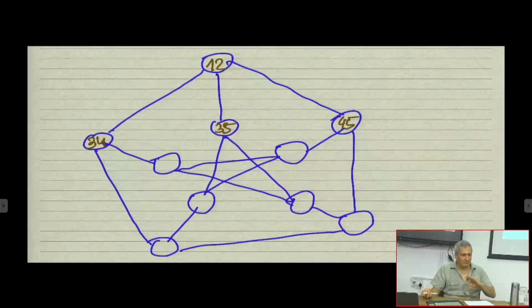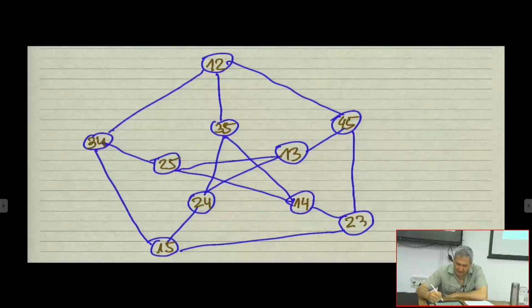So I will explain. Just let me do it first. Yes, 3, 4. Then we have 1, 2, 5, 2, 5, 1, 5. So we have like 2, 4, 2, 5, 4, 5, 1, 3. Here will be 2, 4, 3, 5, 1, 4, 1, 4, 2, 3.